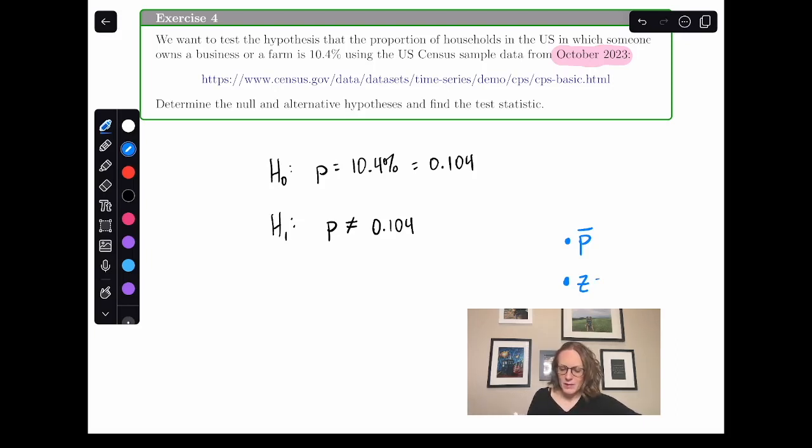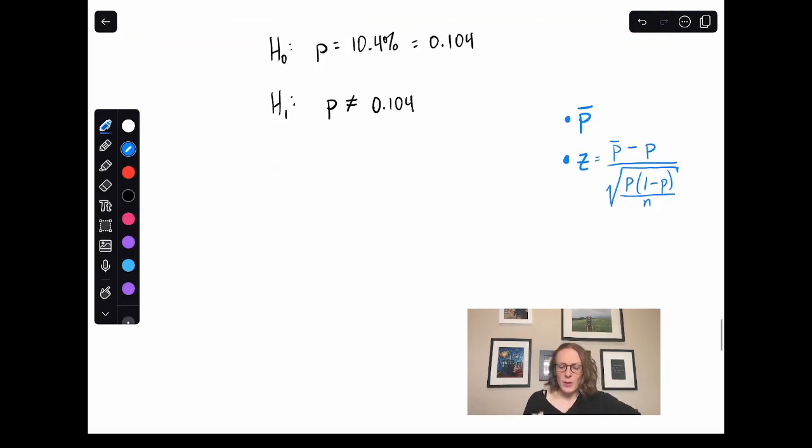That z-value will be our sample proportion minus the proportion from the null hypothesis, divided by our standard error, which will be the square root of the proportion from the null hypothesis times 1 minus the proportion from the null hypothesis, all over n.